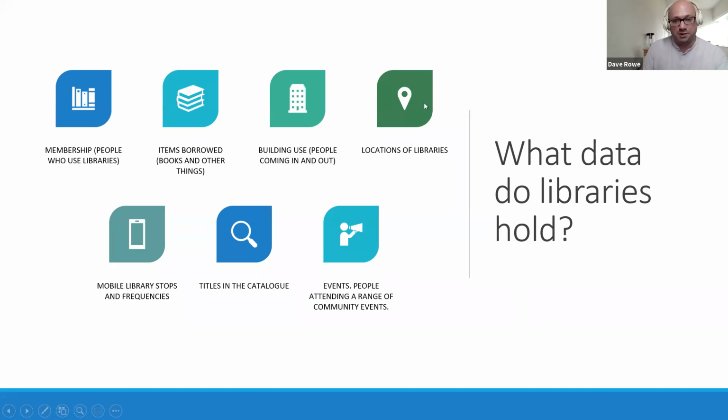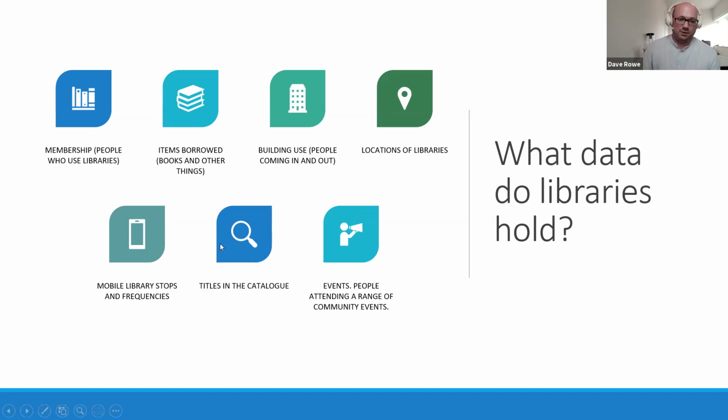I've also mentioned locations of libraries, so literally the geographic location and all the associated data that could go along with that, and things like opening hours. Then mobile library stops. We have a lot of mobile libraries in the UK, but there wasn't a standard way of publishing mobile library data, so you normally just find it in PDFs on individual websites.